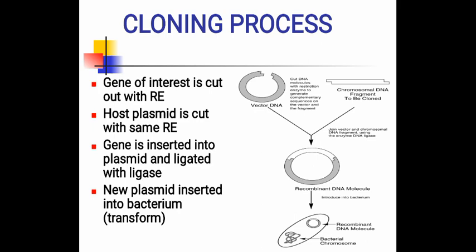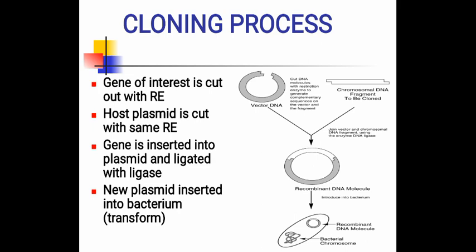Okay, the cloning process. The gene of interest, whatever you want, like insulin, you can cut it with restriction endonuclease, and this restriction endonuclease enzyme cuts the DNA or gene at specific sites.